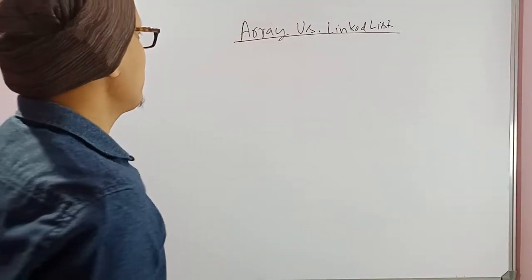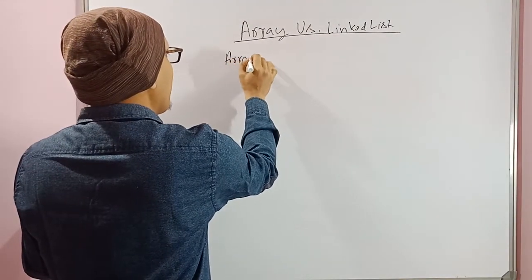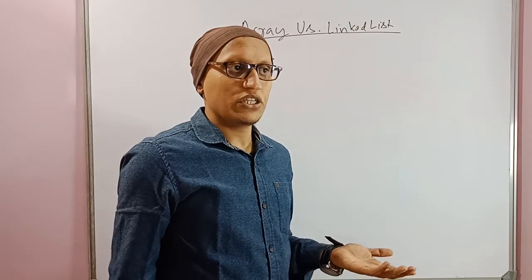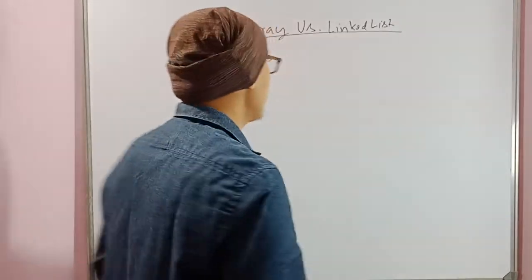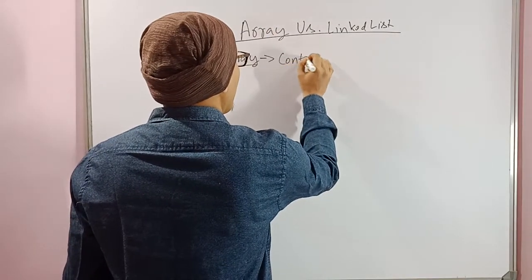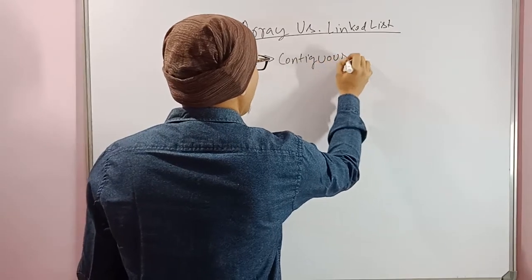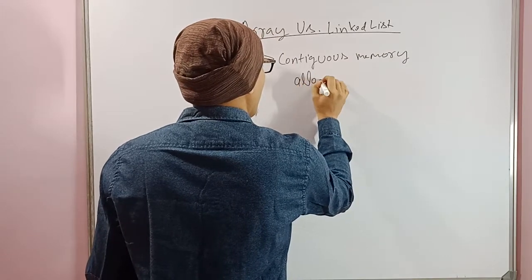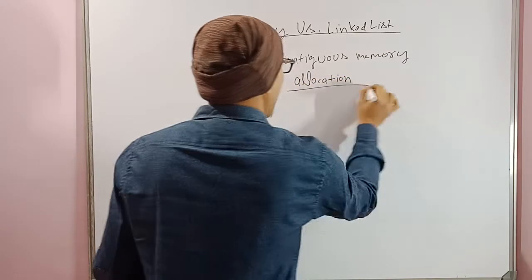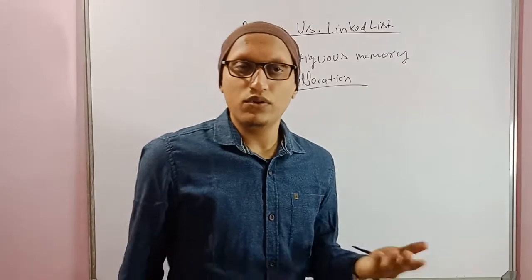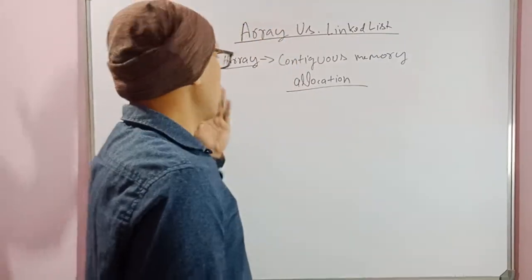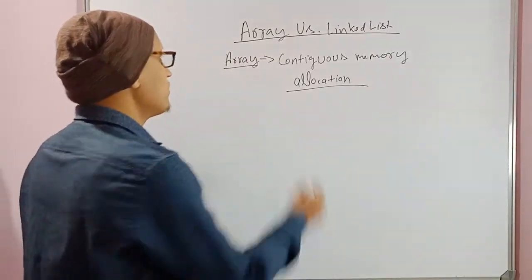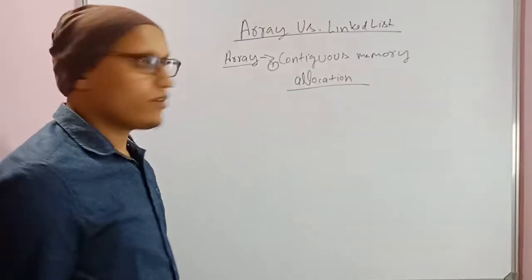As per the definition, you must know that an array occupies contiguous memory locations. I will give you some basic hints about what an array is, so that you will remember if you don't. The first point is contiguous memory allocation.